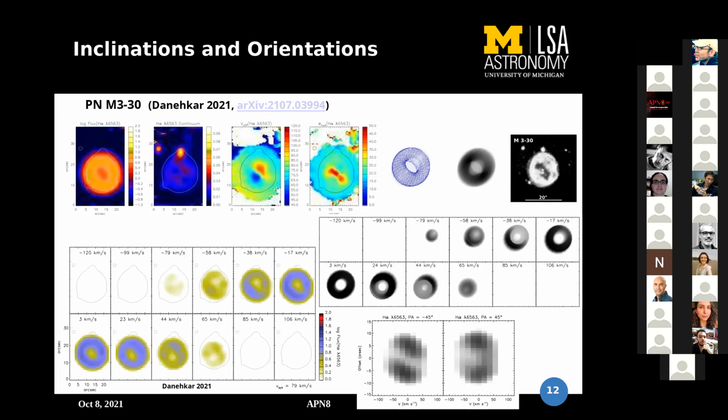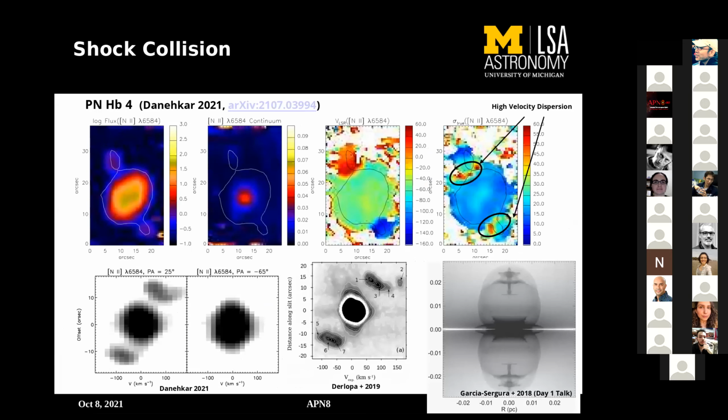For this example, M3-30, which I studied recently and put on arXiv as a paper, using the velocity channel maps and position-velocity diagram, I constrained the inclination of these objects, and we see this has an elliptical morphology and there are extended outflows.